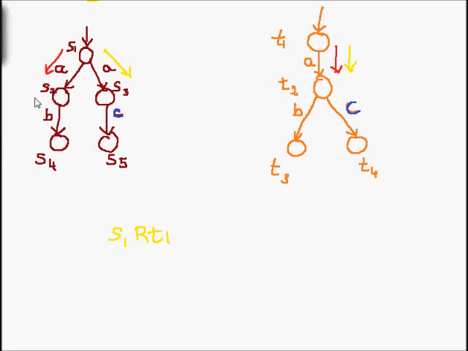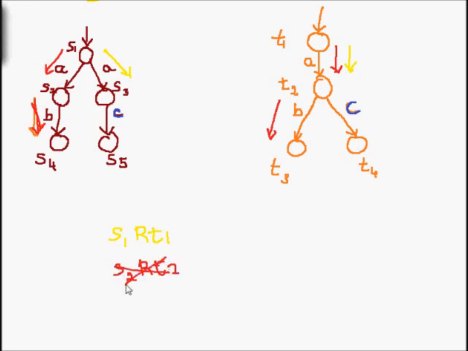S2 has a B transition to S4. I'll use some other color. T2 has a B transition to T3. Now, can I tell S2 is related to T2?